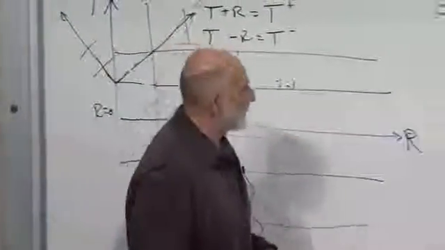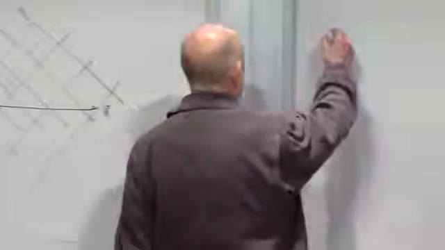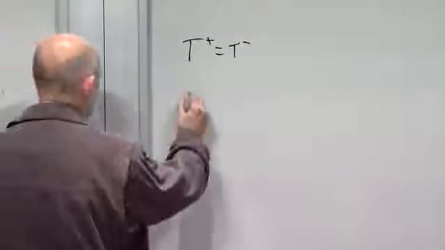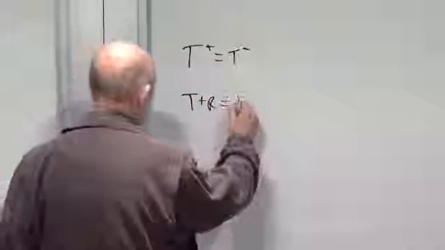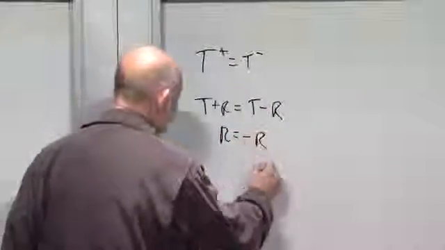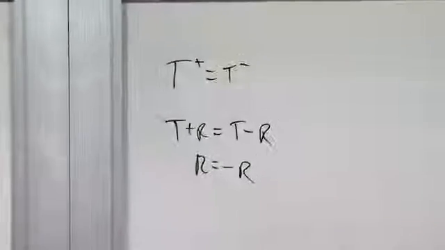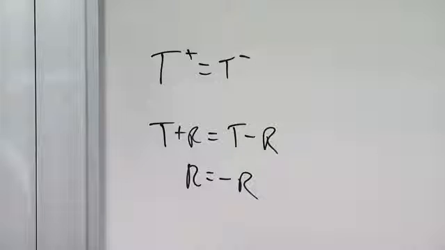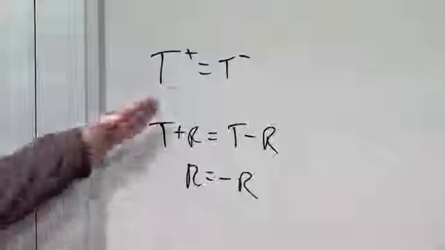So let's write t plus equals t minus. That's the same thing as t plus r equals t minus r, or r equals minus r. The only solution to r equals minus r is r equals 0. So this line over here, which was r equals 0, is also just t plus equals t minus. That's a way to describe it.